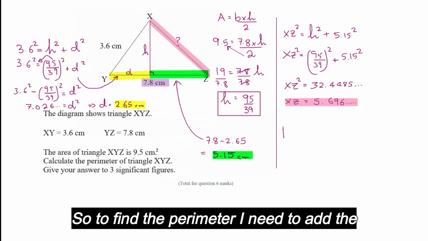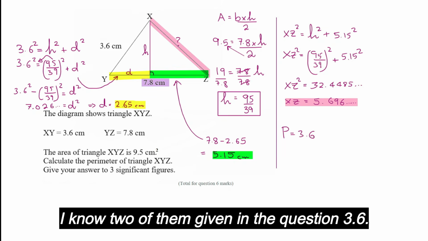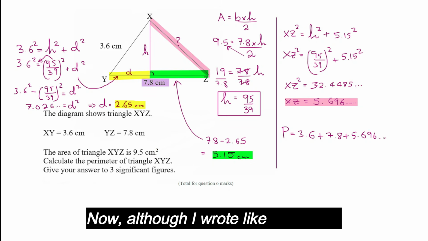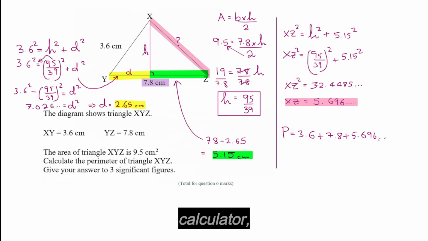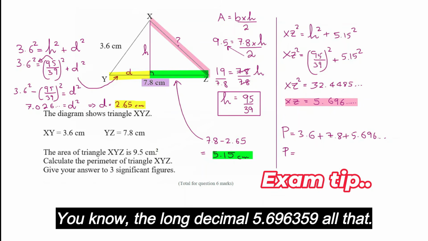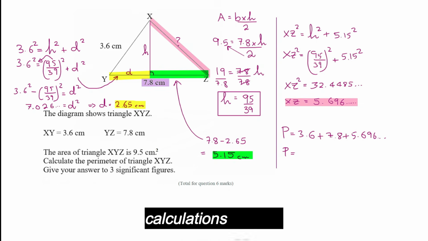So to find the perimeter, I need to add the 3 sides. I know 2 of them given in the question, 3.6 and 7.8, to which I'm going to add 5.696. Although I wrote it like this, on my calculator I'm using the whole value, the long decimal, 5.69635 and so on. I did the same for all of the other calculations as well.